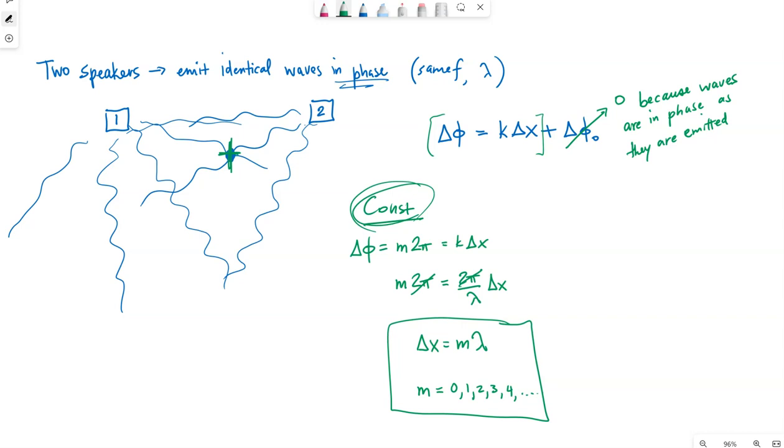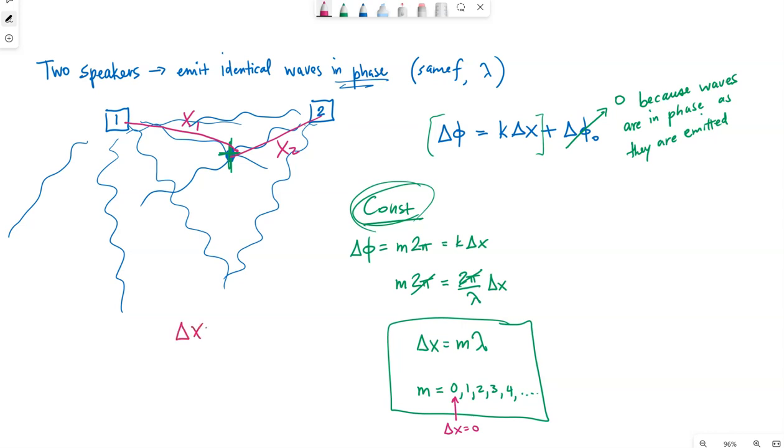If it's sound, it's going to be louder. If it's light, it's going to be brighter. M equals 0 refers to delta x of 0. What that means is that the waves from speaker 1 versus speaker 2 traveled the same distance to get to that location.